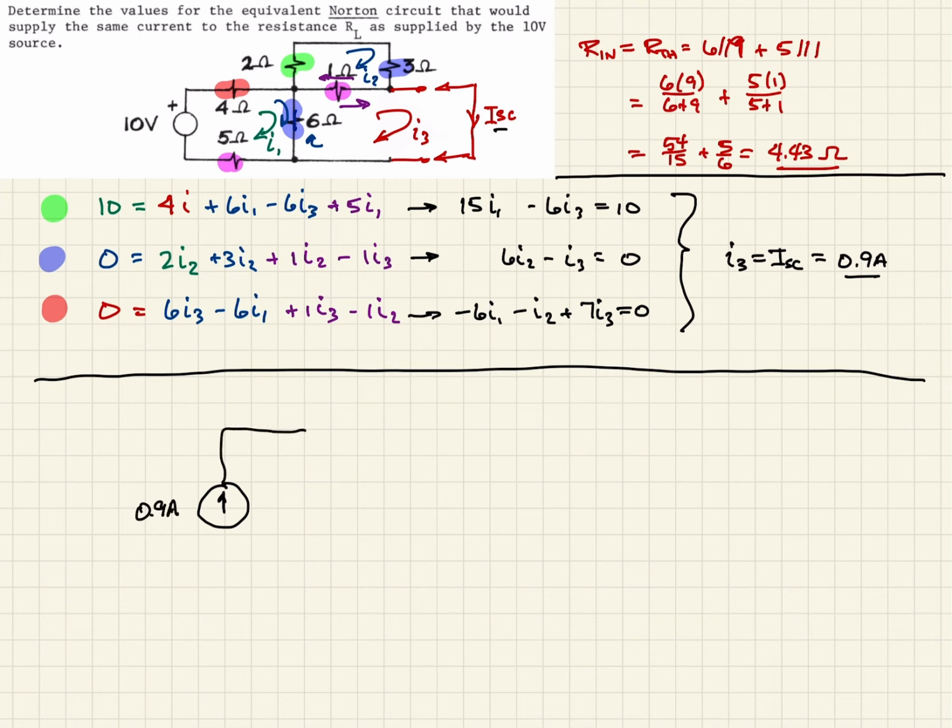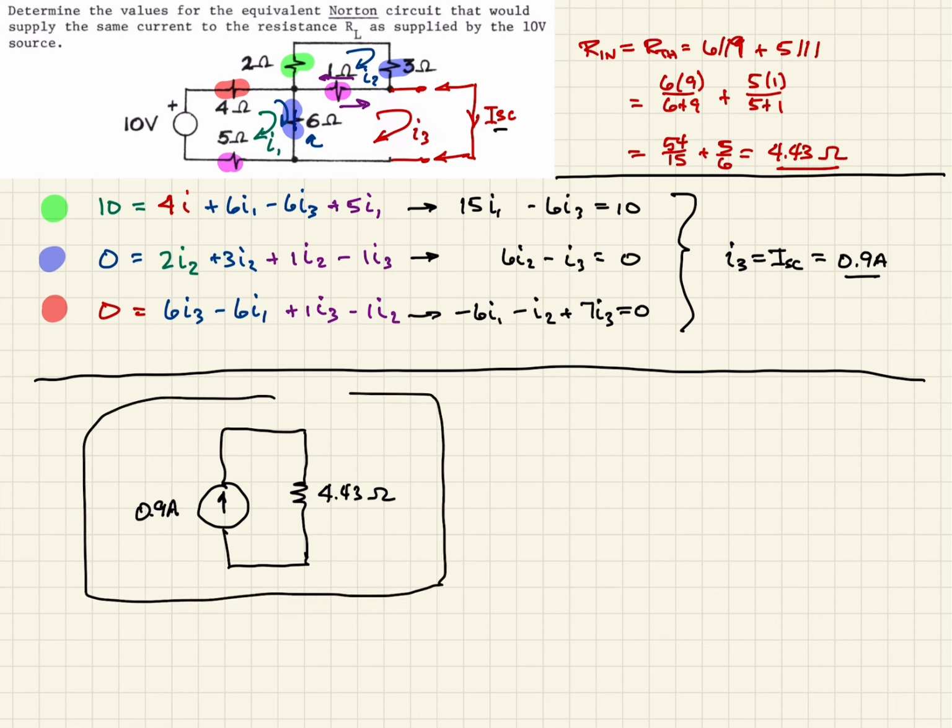And then that will be in parallel with the resistor, which is our Thevenin resistance or input resistance. And so that's 4.43 ohms. And so this is our Norton equivalent circuit, that when you put that in place of those terminals, and if you were to put that RL resistor across there, it should behave exactly the same.